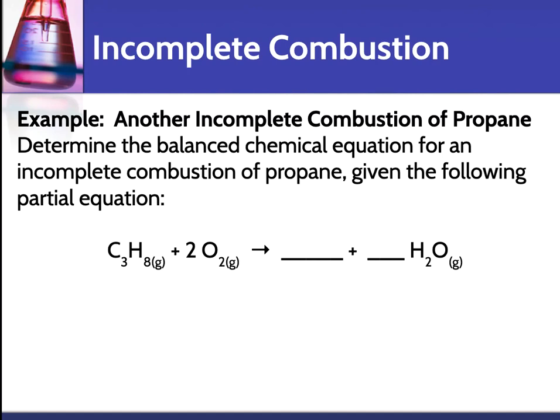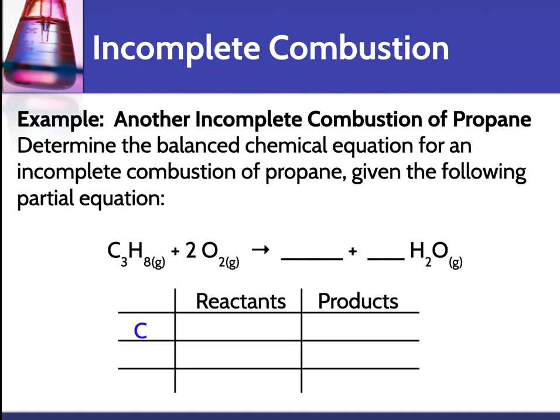When you're doing these kinds of equations, you're basically going to start to try to balance. So we've got carbon, hydrogen, and oxygen. On the reactant side, we have 3 carbon, 8 hydrogen, 4 oxygen. And on the product side right now, we have no carbon, we have 2 hydrogen, and we have 1 oxygen.